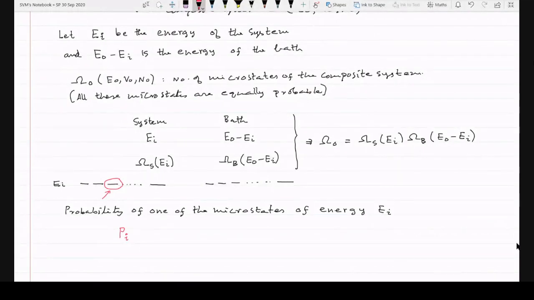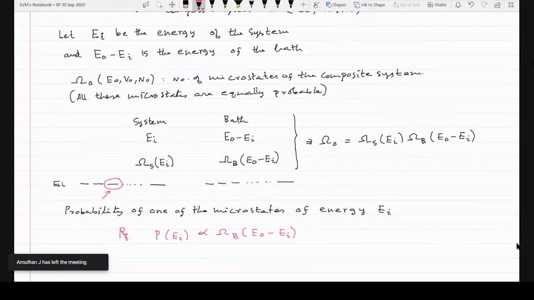Let me write it like this: probability of EI is proportional to omega of bath with energy E0 minus EI.